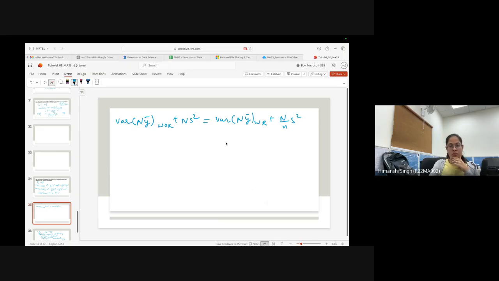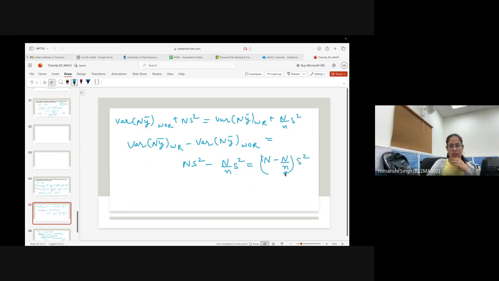Now let me take it there. So variance of N y bar WR minus variance of N y bar WOR. If I take this quantity there and this quantity here, it is N S square minus N by n S square, so this is (N minus N by n) S square.